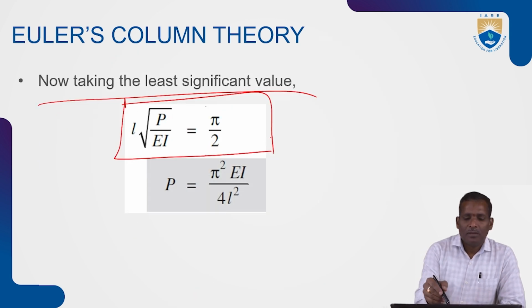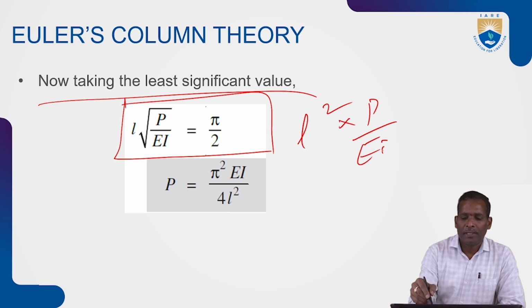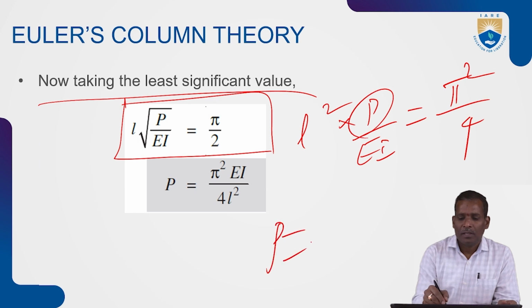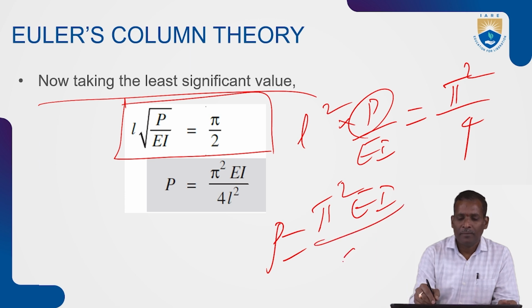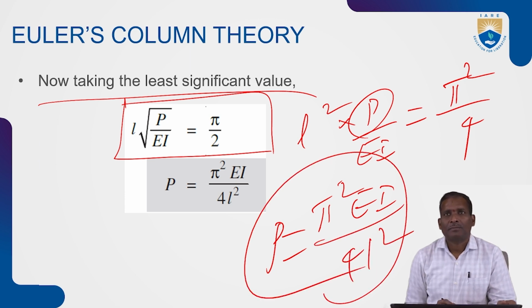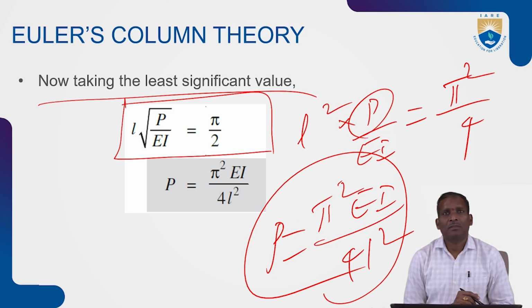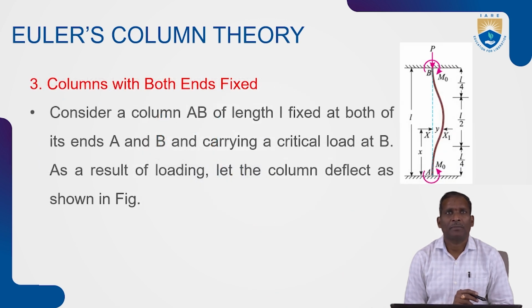So now P is equal to pi² EI by 4L². This is the buckling load on the column when one end is fixed and the other end is free. The Euler's equation is pi² EI by 4L².